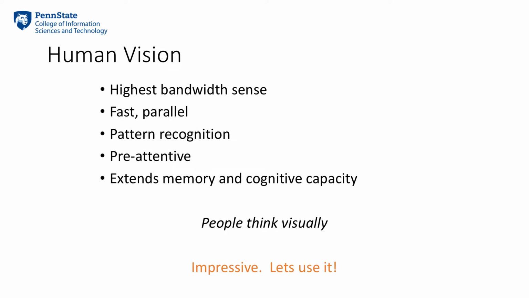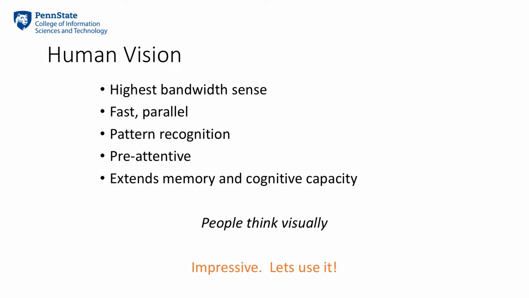We could spend many lectures on human visual systems. It's a very rich area. However, for the interest of time, I would like to put a few points to highlight major characteristics of the human vision system as the input channel. First, the human visual system has the highest bandwidth compared to other input channels.